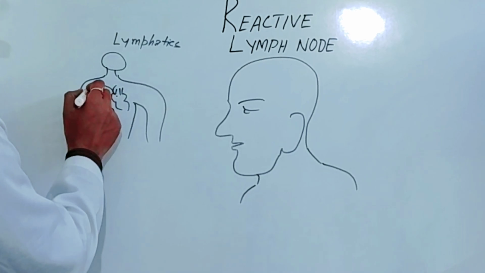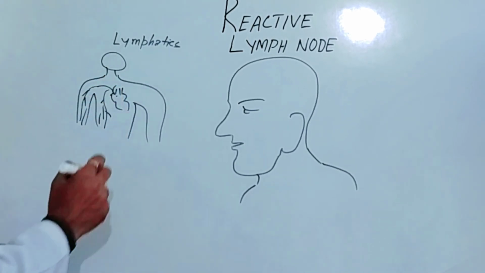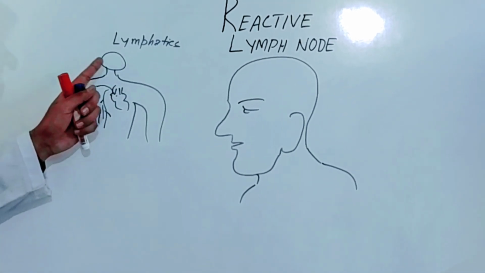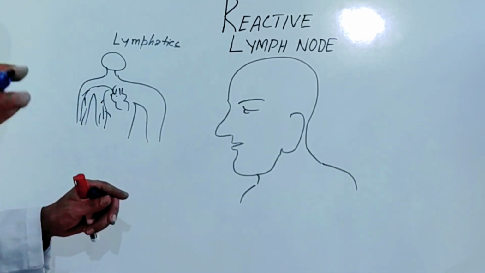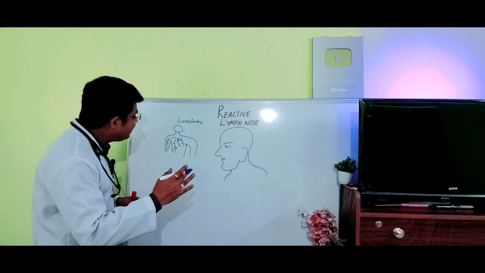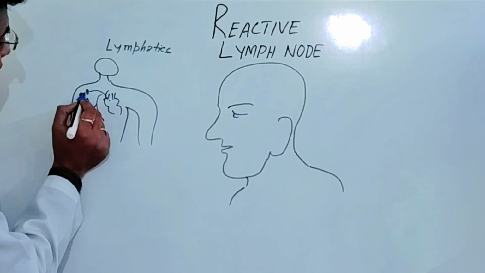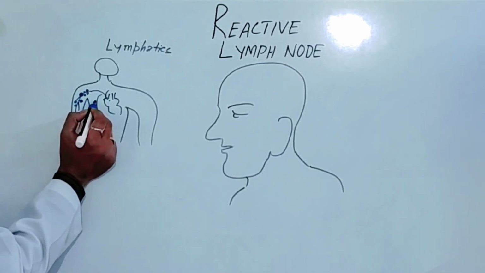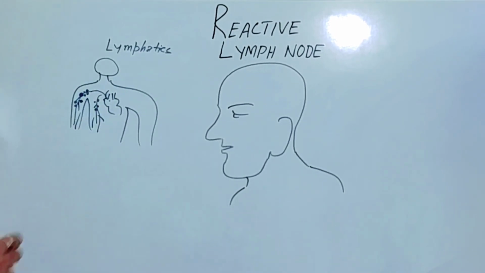These lymphatics carry fluid from the periphery of our body and drain that excess fluid into the venous system of our body. And along the path, there are some node-like, bead-like, small globular structures, and these structures are known as lymph nodes.